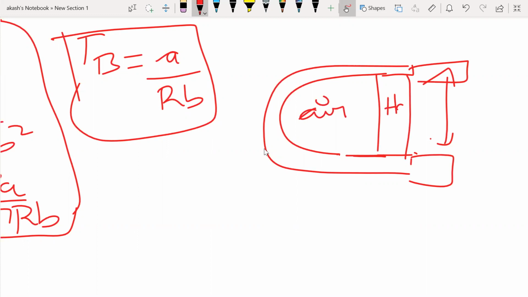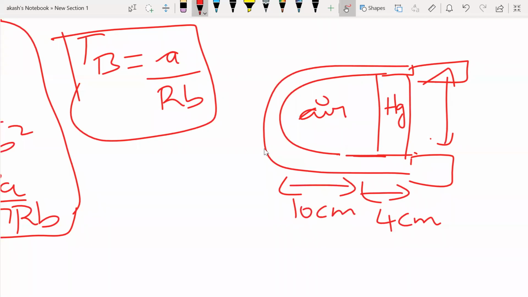Now this is in the horizontal position, so you can see this is 4 centimeter. It's actually a physics problem, maybe we shouldn't be solving it, but still we'll solve it. And this is 10 centimeter, right?